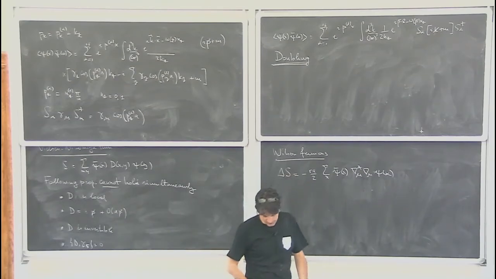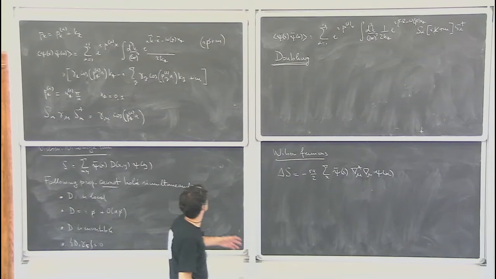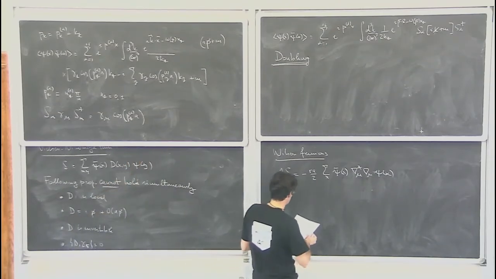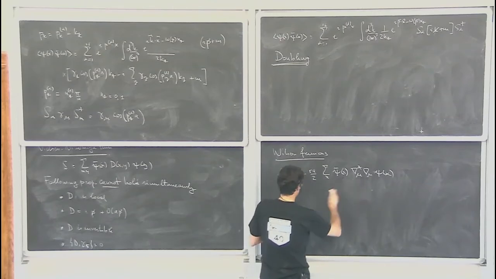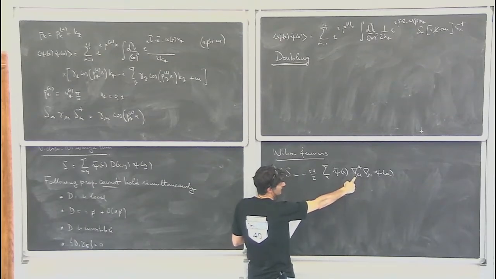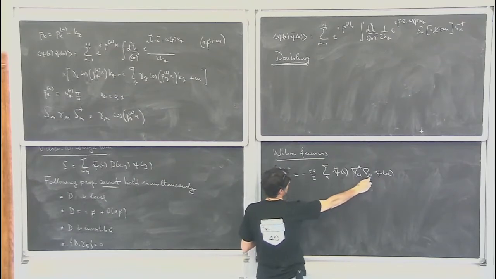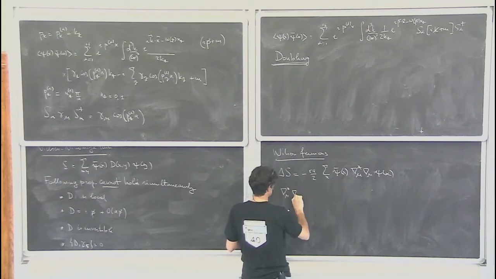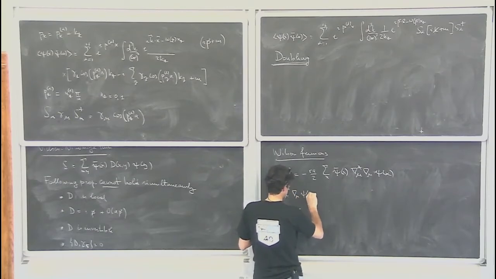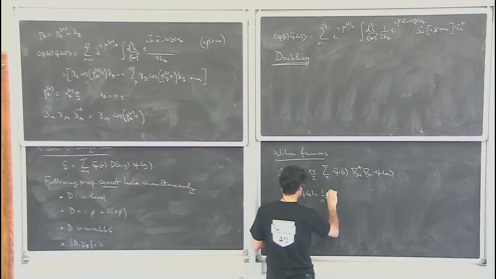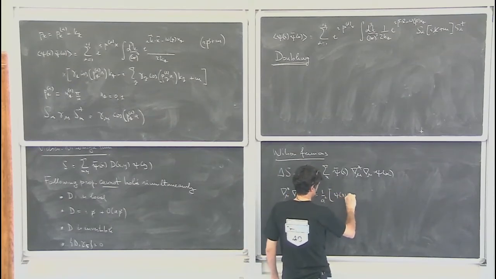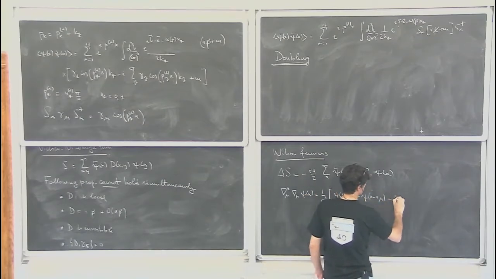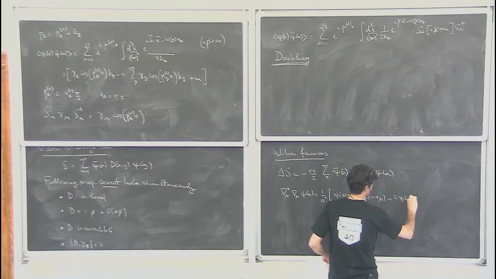Okay, so again, we don't want to go through all these sines and cosines again, so I'll try to be sort of brief. So this is the Laplacian, by the way. This is the discretized Laplacian. Okay, it's a forward derivative and a backward derivative. So delta mu star delta mu of psi of x is 1 over a squared, and then you get psi of x plus a mu plus psi of x minus a mu minus 2 times psi of x.